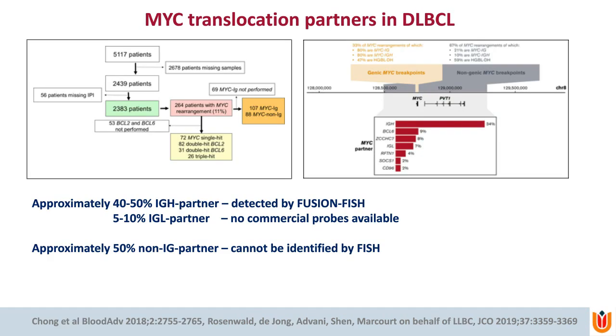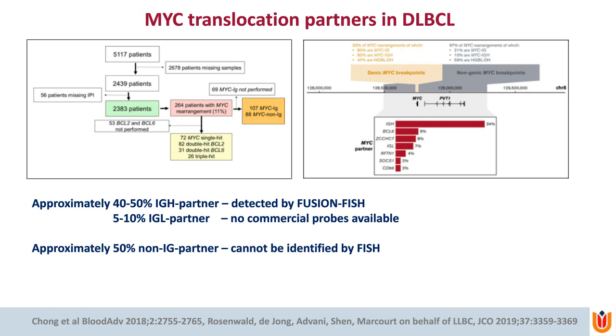So is this a problem? What can we see and what can we not see? Well, based on our Lunenburg series and also other larger series, we know that almost 40–50% of the MYC translocations have an Ig heavy chain partner. We have fusion probes for that, and we should be able to detect these. 5–10% have an Ig light chain gene partner.